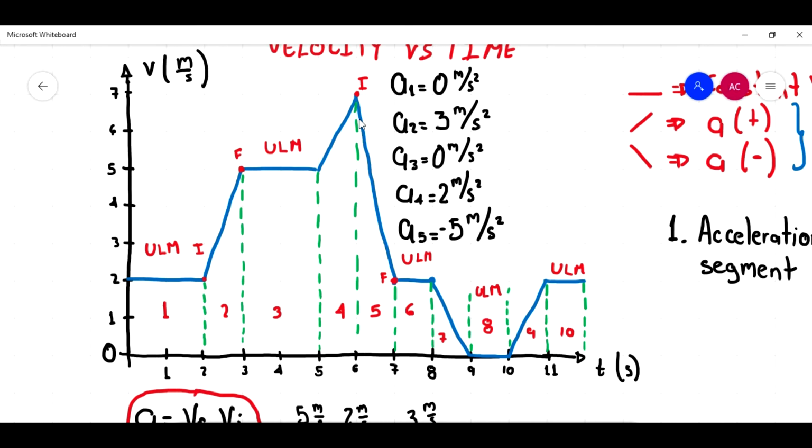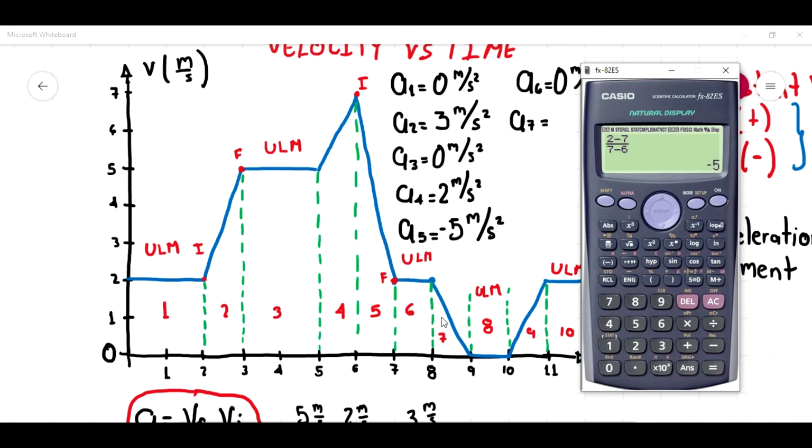Then I'm going to write the acceleration of the segment number 6 is 0 because it's a horizontal line. Now the acceleration of the segment number 7. Let's see it. This is the final point and this is the initial point. It's going to be negative because it goes downwards.